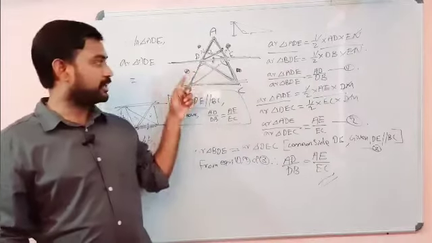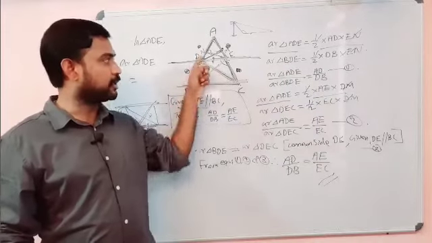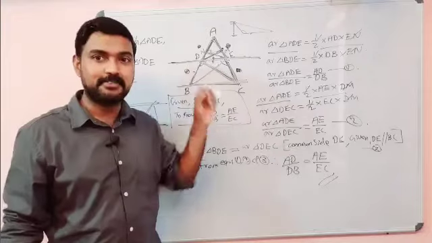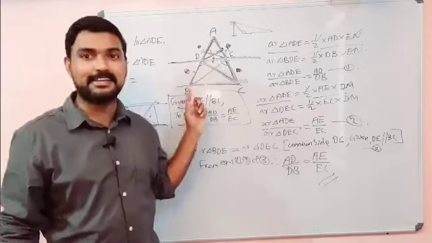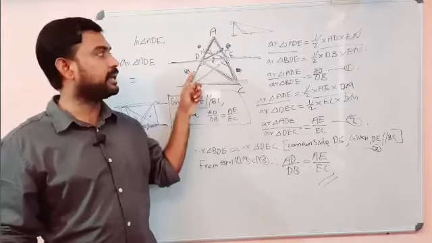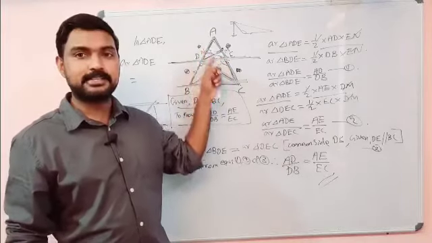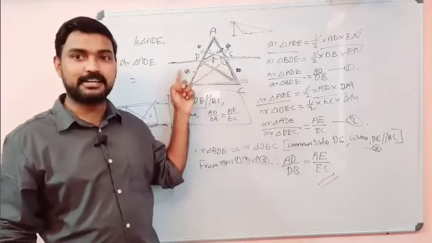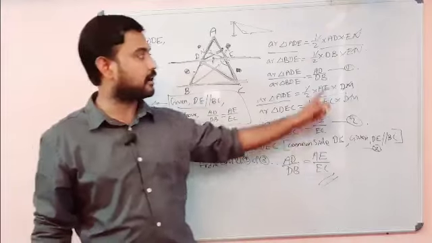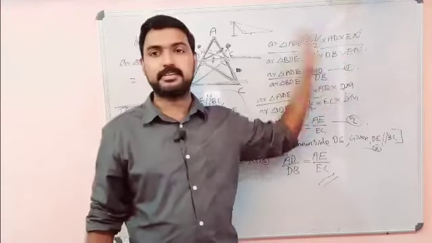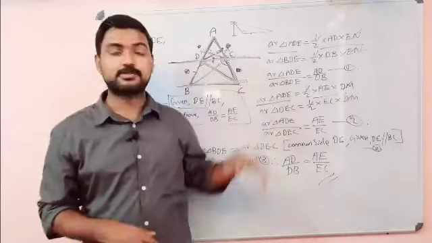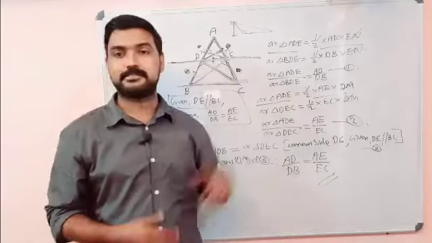Then we came here and created one triangle by including this BD. By including BD, we created the triangle BDE. So half into BD into EN. Its height is outside because we are standing on BD. So we wrote half into DB into EN. Then we divided these two, we got AD by DB.